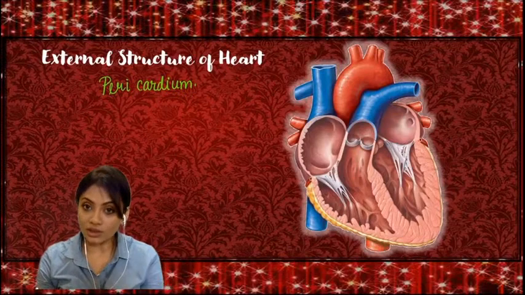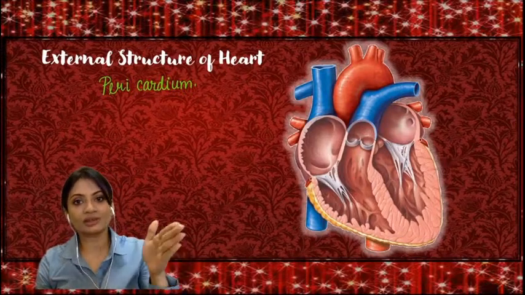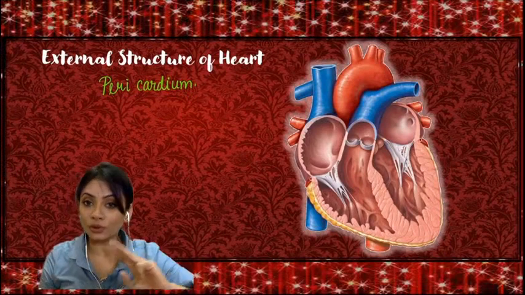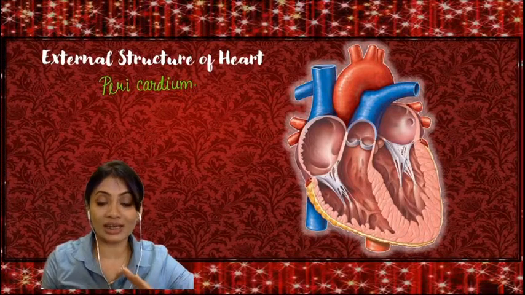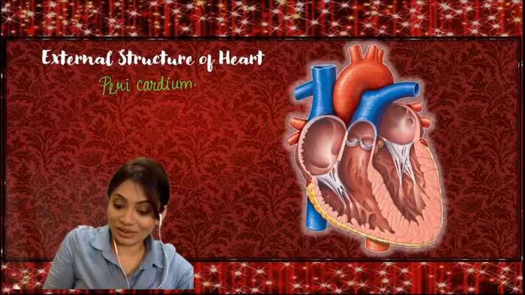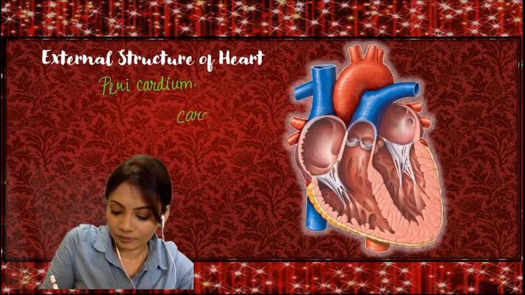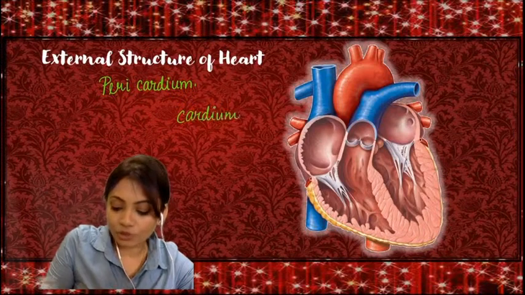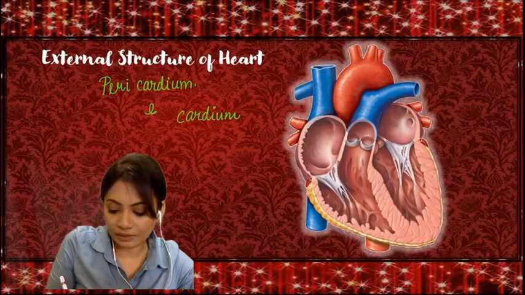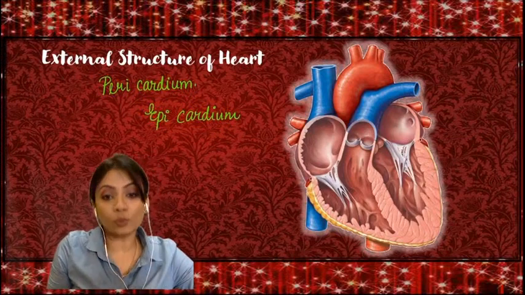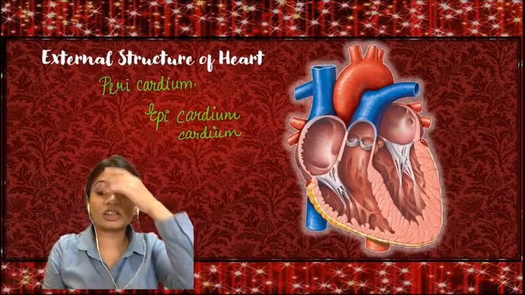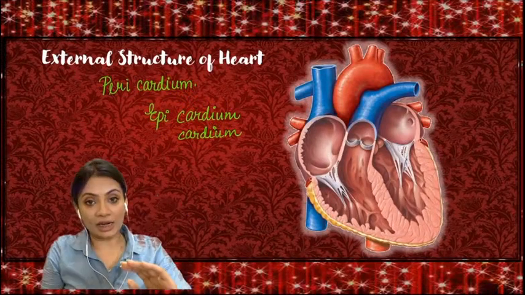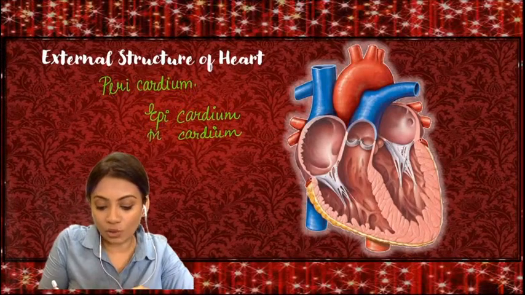Also, we learnt about the three walls of the heart: the outer, the middle and the inner. Since it was about the heart, all three words end with cardium. The outermost layer is called the epicardium. The middle one is made up of muscles, so you can call it the myocardium.